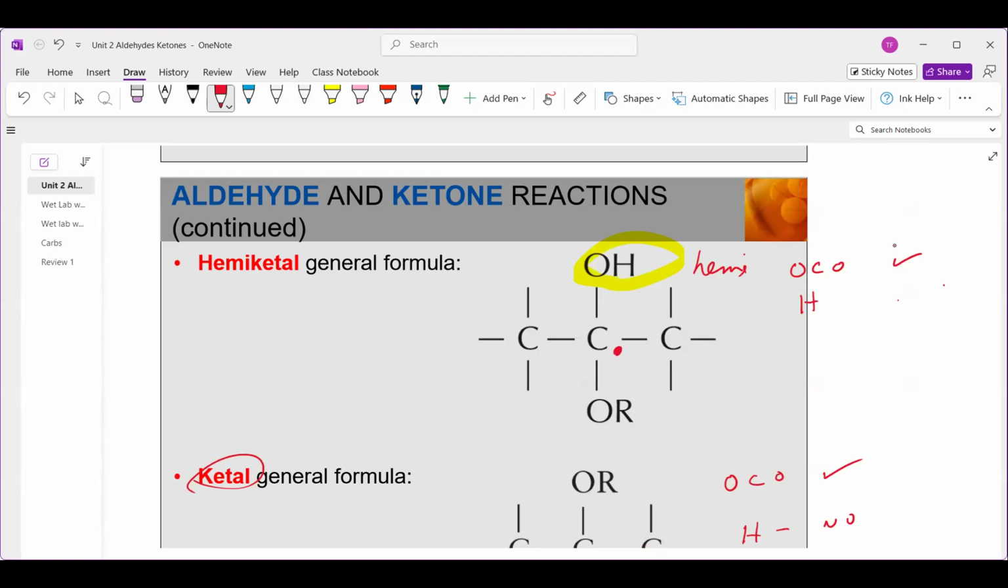H? No. OH? No. OH is okay, so that makes that a hemi.